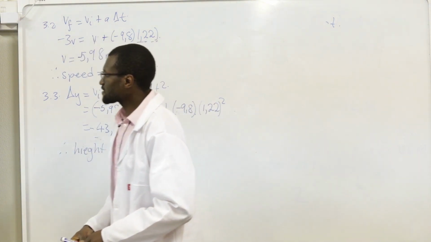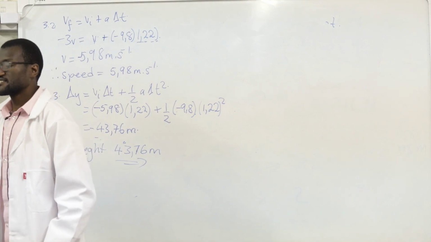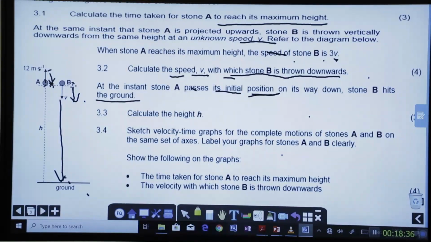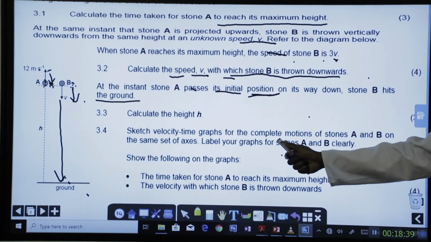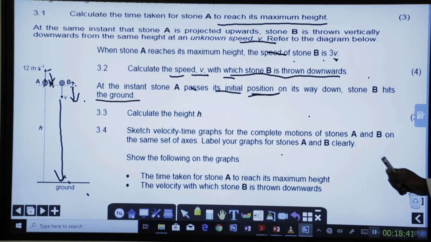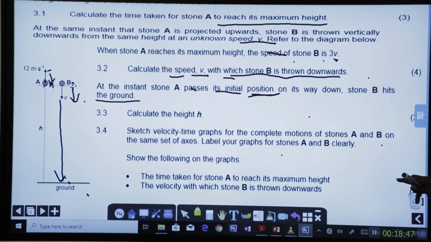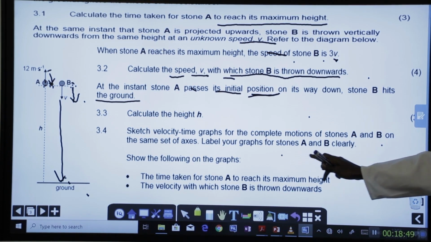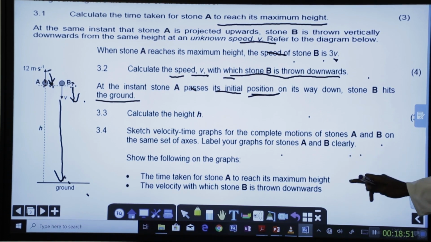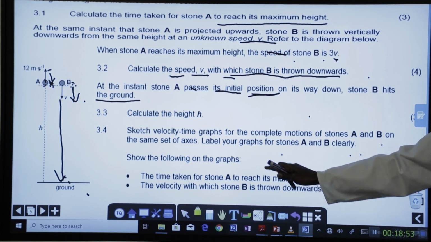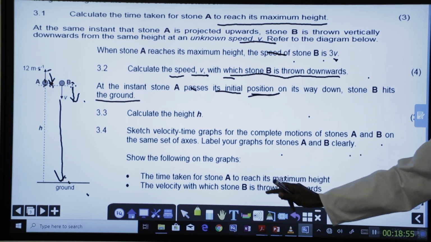All right, next part then says, sketch a velocity time graph for the complete motions of the stone A and B on the same axis. Label your graphs for stone A and B clearly and show the following on the graphs.